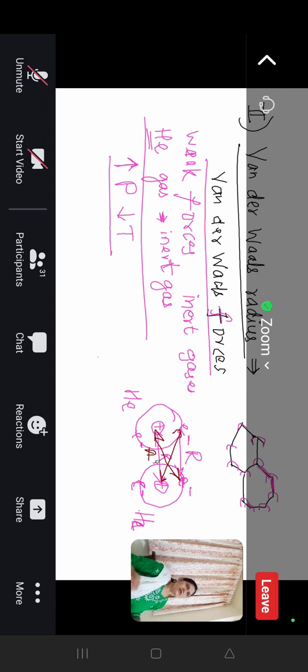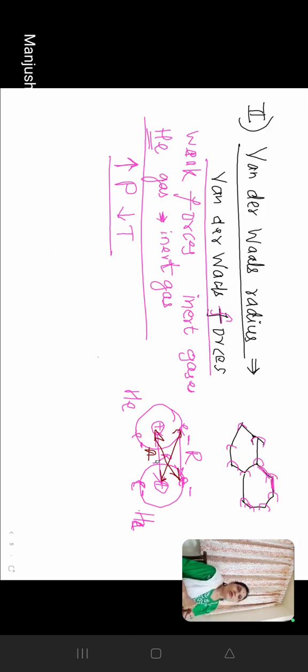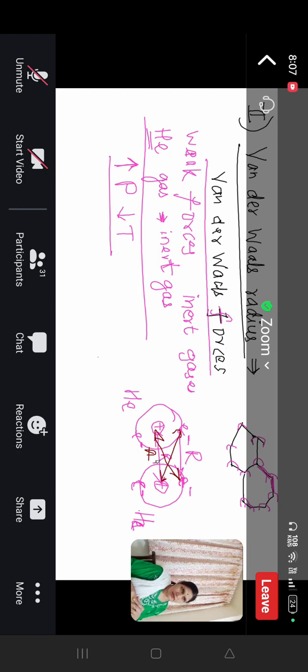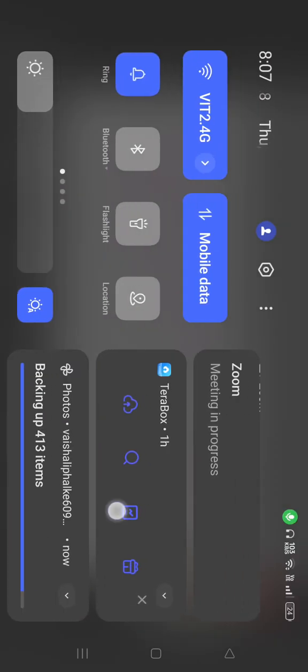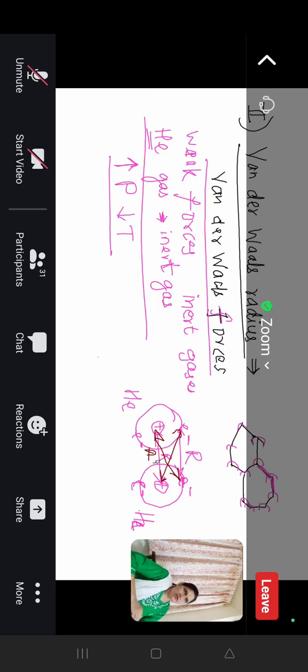Now as these atoms come close to each other, attractive forces start operating. But again there is a limit for that. When they come very close to each other, then again repulsive forces start operating.